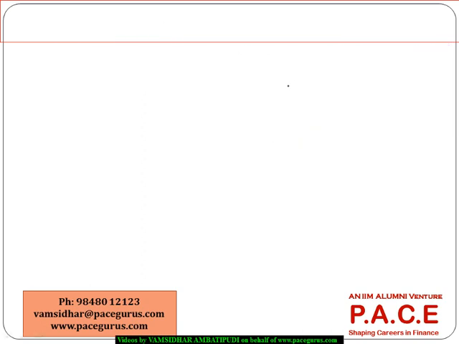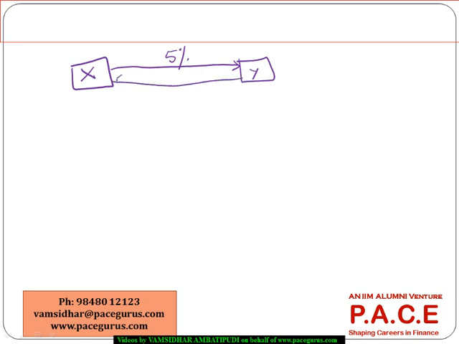Now, let's look at one simple swap transaction. Let's say X and Y, two companies, have got into an interest rate swap. X agrees to pay an interest rate of 5%, whereas Y agrees to pay, let's say, a floating interest rate, probably a 6-month LIBOR.